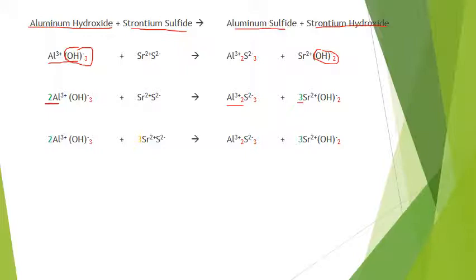Now let's look at strontium. I have 1 strontium here, and I have 3 over here. So I'm going to take this 3 and put it in front of here. Then I have 3 strontiums, and if you look, now I have 3 sulfides, and I am done.